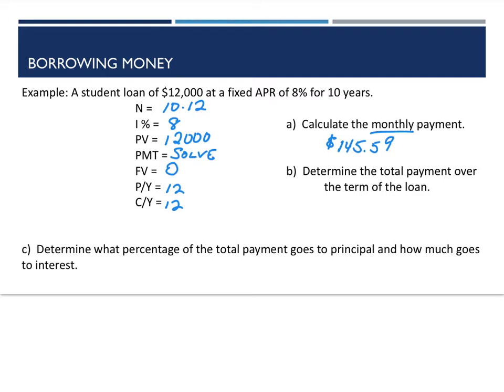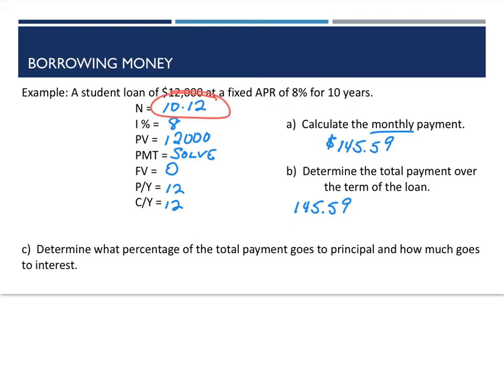Now the second question is, how much do we pay totally for our $12,000 loan? Well, my monthly payment was $145.59. And how many times did I make that payment? Well, that's what N is.